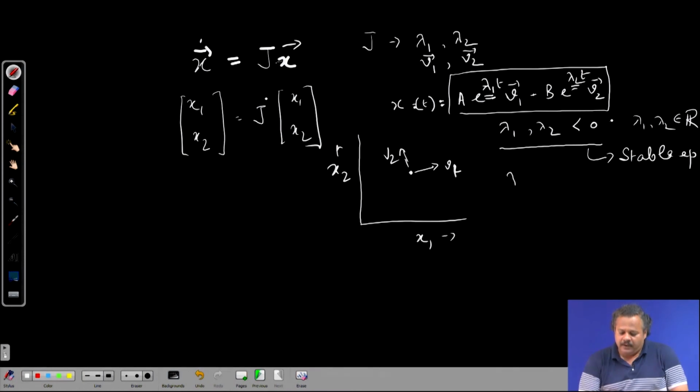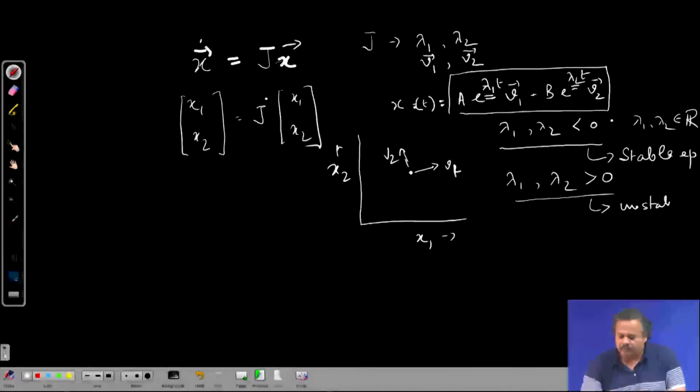Similarly, if lambda 1 and lambda 2 are both greater than 0, then the equilibrium point is going to be unstable, which means that based on this solution, over time the system is going to diverge out along v1, the first eigenvector, and also along v2, the second eigenvector, and so it is not going to come back to the equilibrium point.